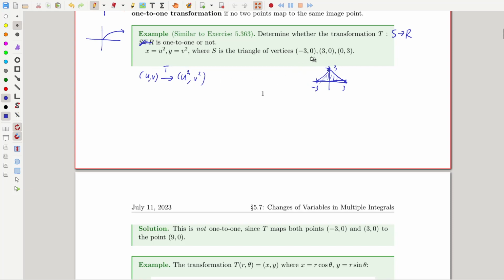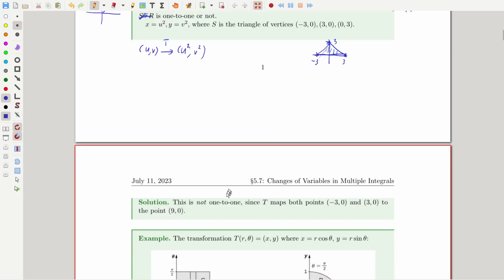So in both instances, they both will map to 9 comma 0. So two distinct points got sent to the same point in the image. That's not good. That is not being 1-to-1. So we can conclude that this mapping T is not 1-to-1, by this property.